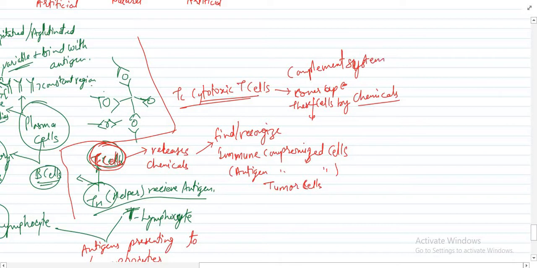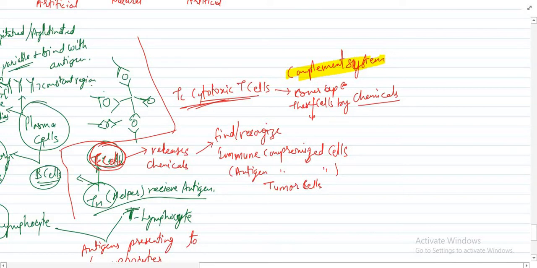Here T cells release cells, and there are lots of types of cells. Not only T cells, the T cell releases lots of other cells. So we are talking about this complement system.